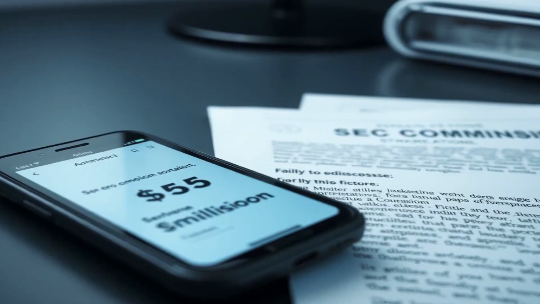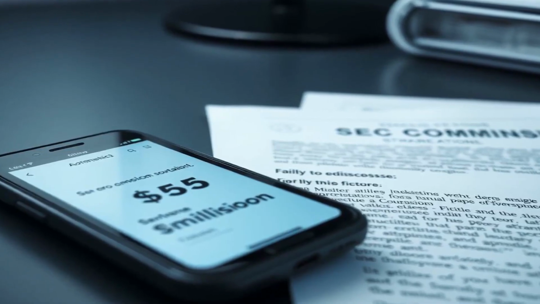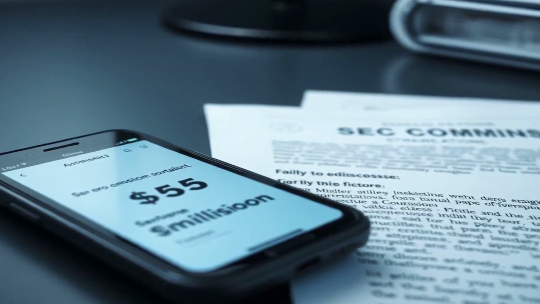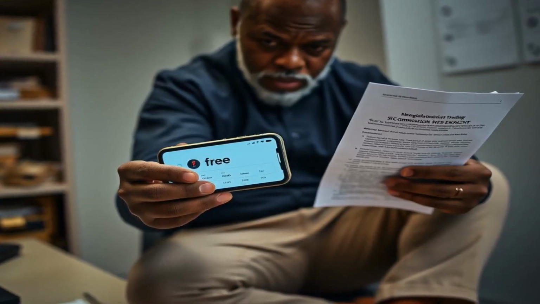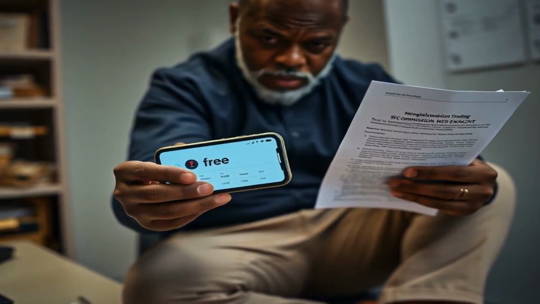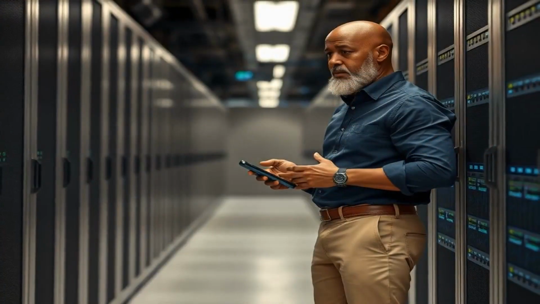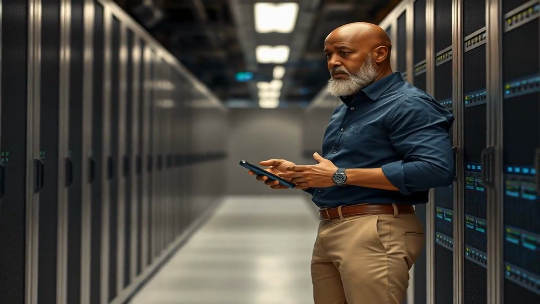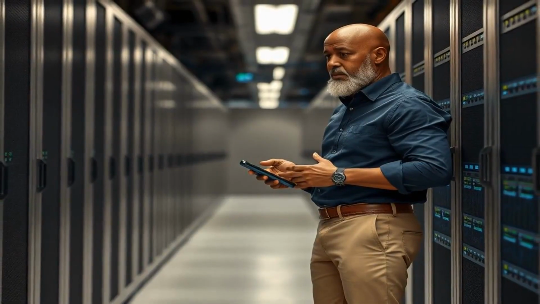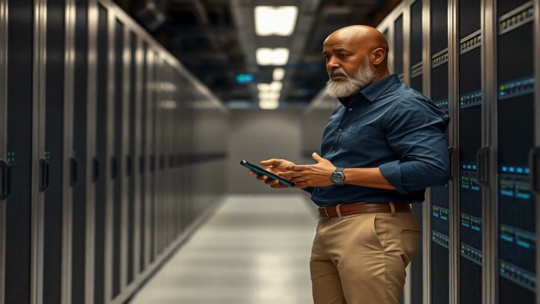The structural mechanism in each case is identical. The user believes the service is free because no line item on a receipt says otherwise. The extraction occurs through information asymmetry. The platform understands the value of what it holds. The user does not. The platform and its data partners capture revenue from behavioral and financial data the user has generated.